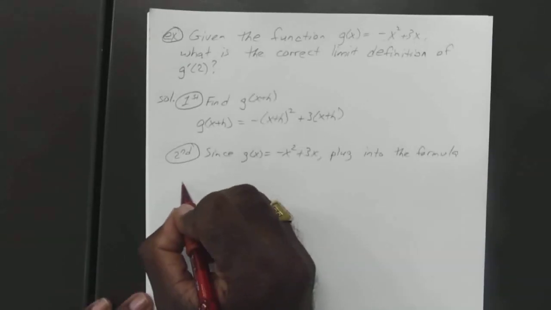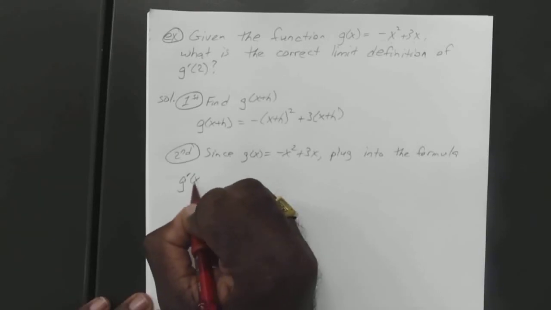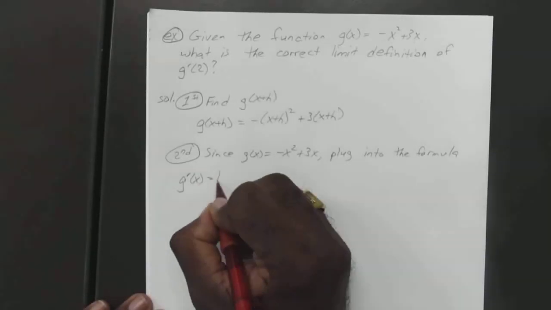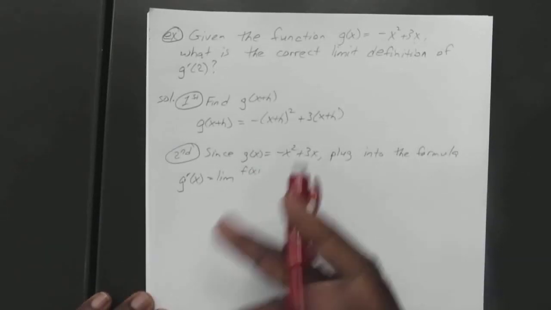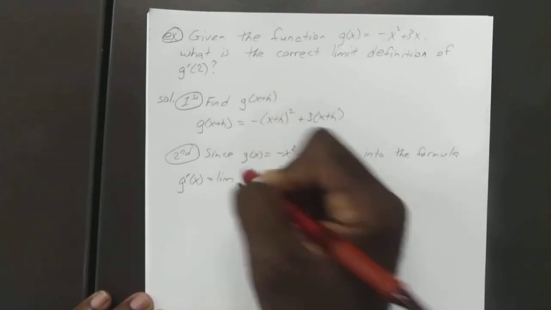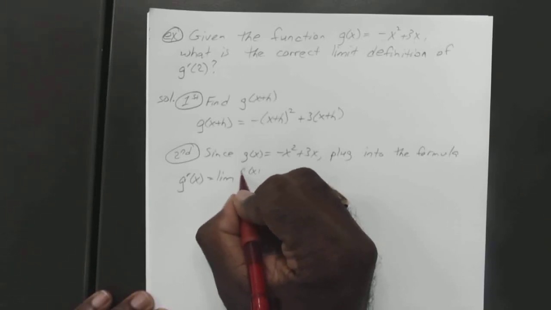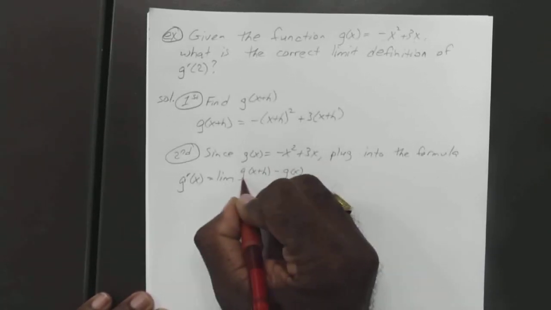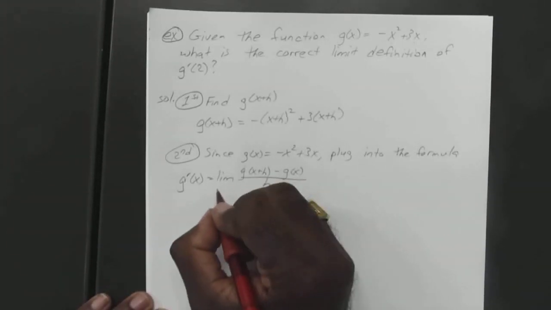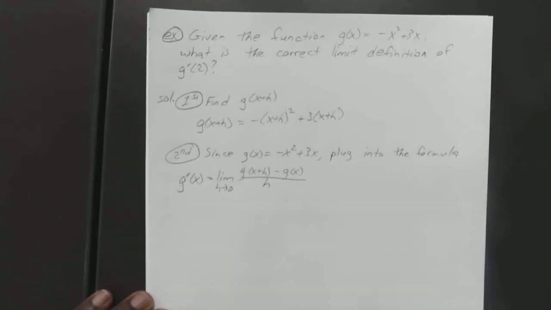Okay, so we know our g prime of x is going to equal the limit of g of x plus h minus g of x all over h as h approaches 0.